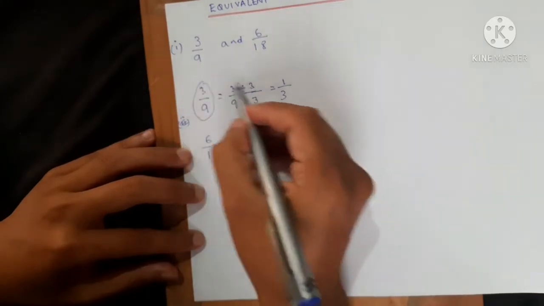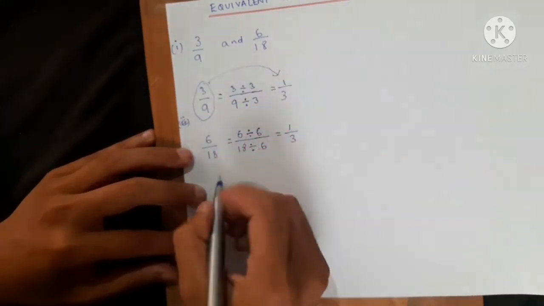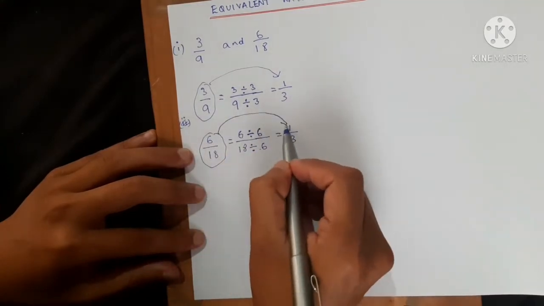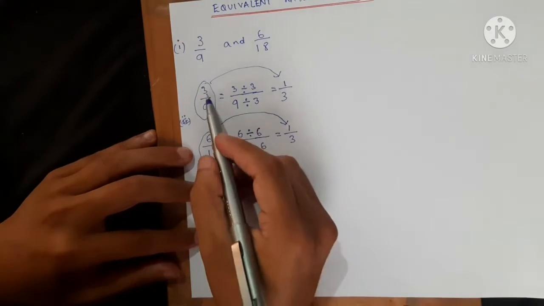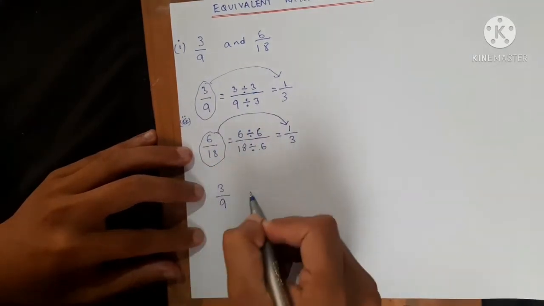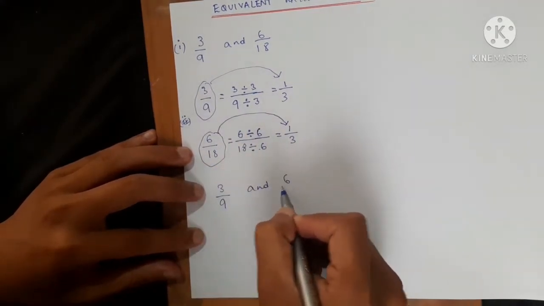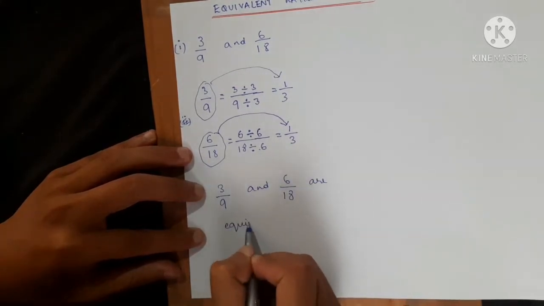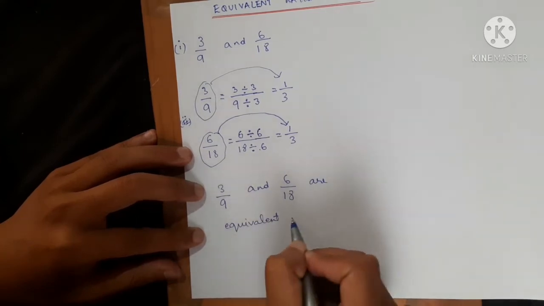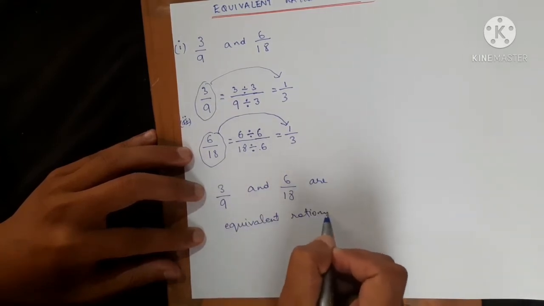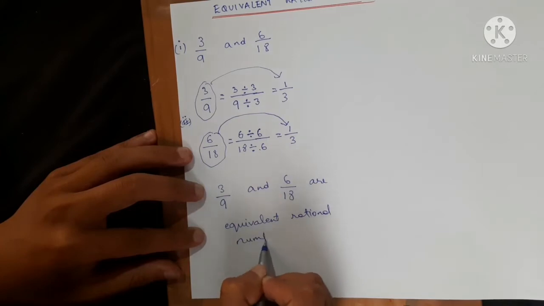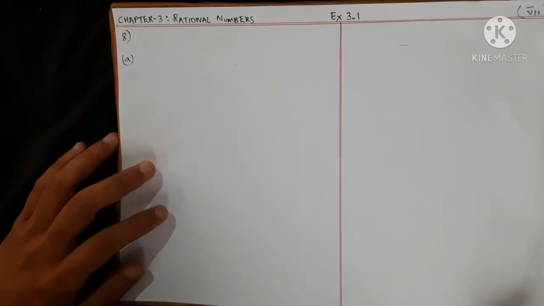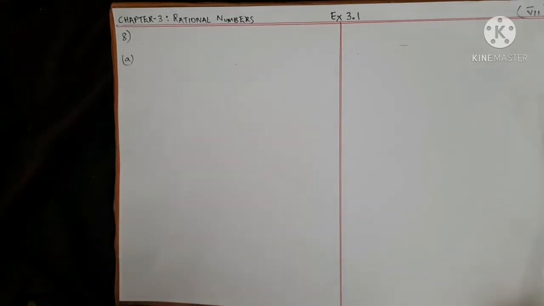So you see 3 by 9 equals 1 by 3, and 6 by 18 also equals 1 by 3. Hence 3 by 9 and 6 by 18 are equivalent rational numbers. Students, I hope you have understood what equivalent rational numbers are.